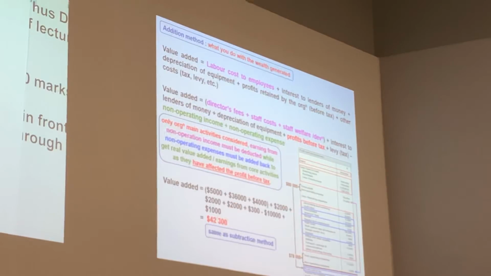This one is the 6-mark question only because it is relatively easier. You can notice the P&L here is much simpler than this one here. Okay, give it a try. We set a time, 10 minutes to do this.